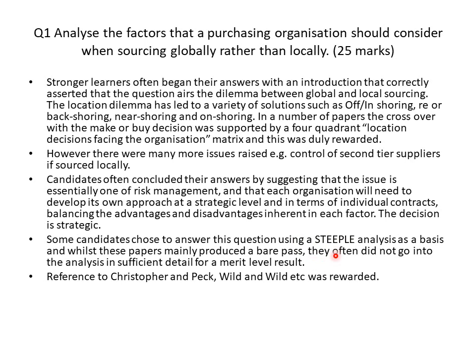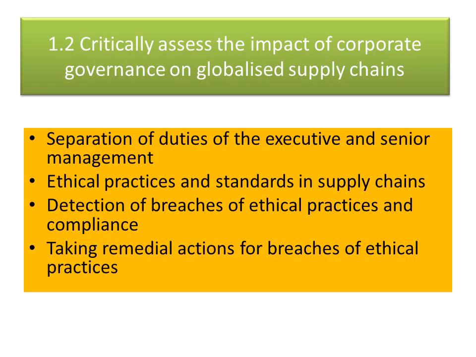The STEEPLE analysis could be used to help you answer that. Yip's globalisation drivers could have been thrown in. So make sure that some theory is linked to each of your answers.